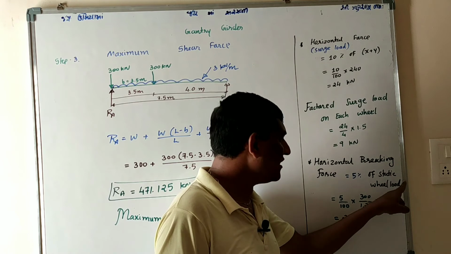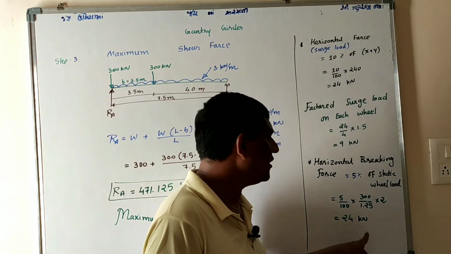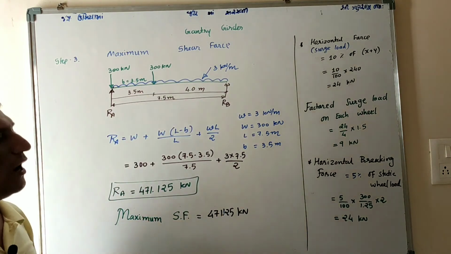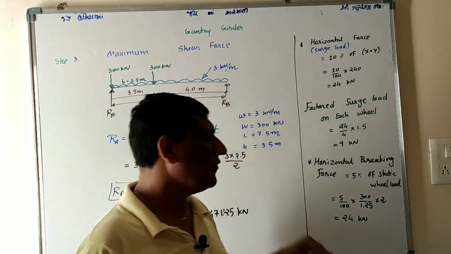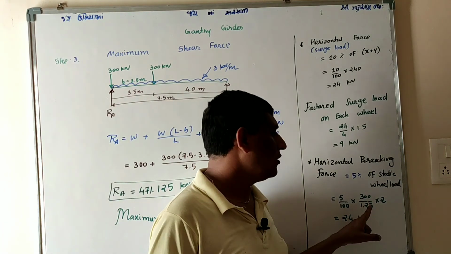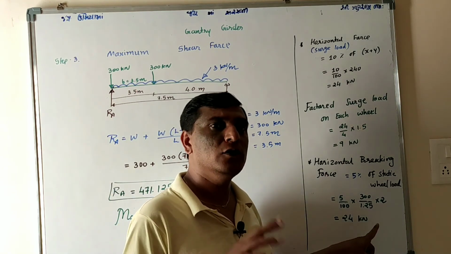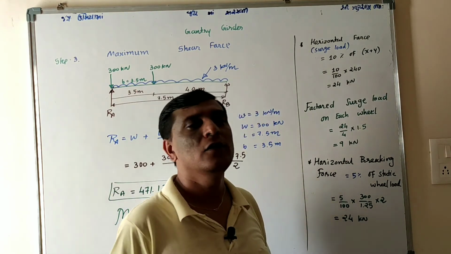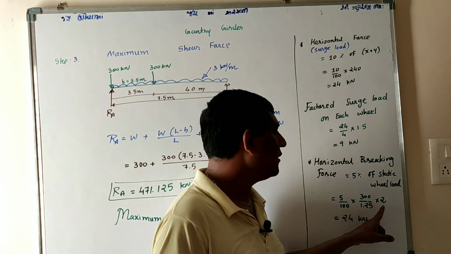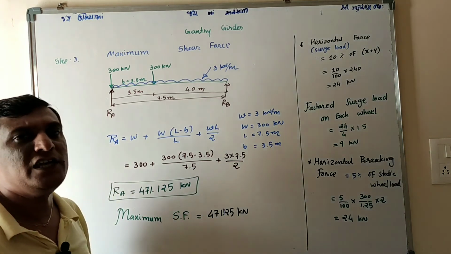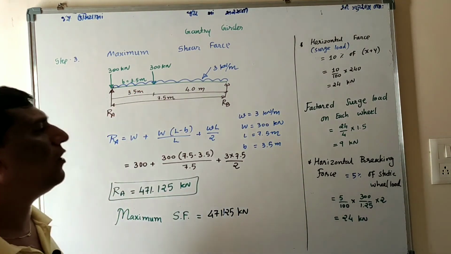So here it is static, so we divide by 1.25, and we get 24 kilonewton as the answer for horizontal braking force. Once again I repeat, 300 is your wheel load which is considered with the impact value, so we divided it by 1.25 and it is 5%, so 5 by 100, and 2 wheels on each side, so we multiply by 2, so the answer is 24 kilonewton.